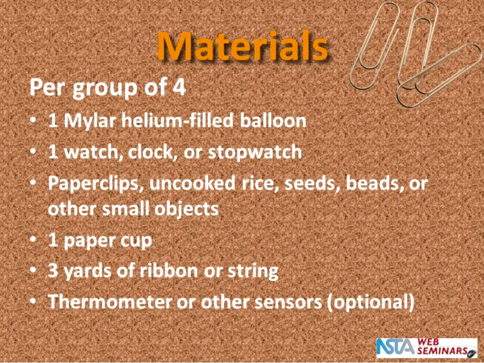So the materials are, for each group of 4, a Mylar balloon, some type of clock, because you probably want your students to come up with how long they would like the balloon to stay at a certain level. You've got small things such as paper clips, cooked rice, seeds, beads, other small objects, paper cups, string, and then the optional part that you can add on is thermometers and other sensors.